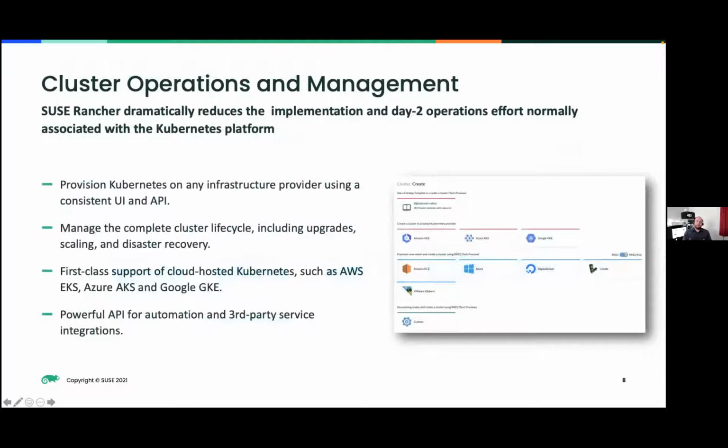When it comes to cluster operations and management, there's a quick screenshot of it there. What we're talking about is provisioning Kubernetes distributions, provisioning those clusters. It can go off and talk to your cloud provider's API and then bootstrap new clusters or upgrade existing clusters. And this is quite important because when we're talking about multi-cloud and hybrid cloud, you don't want your teams to have to learn all the different APIs provided by all the different cloud vendors.